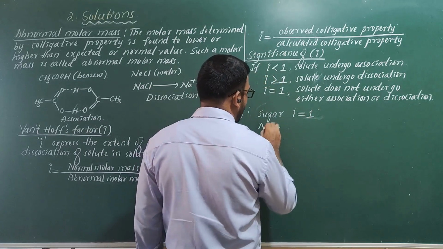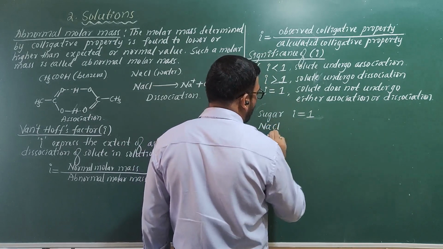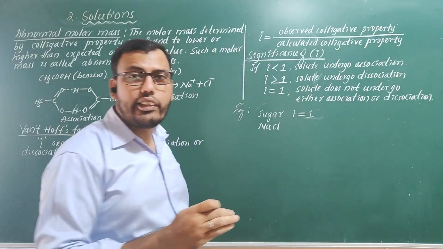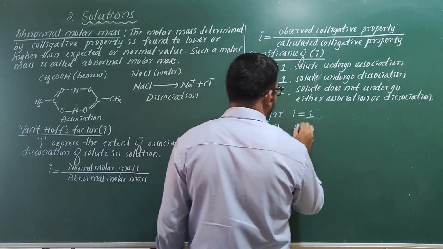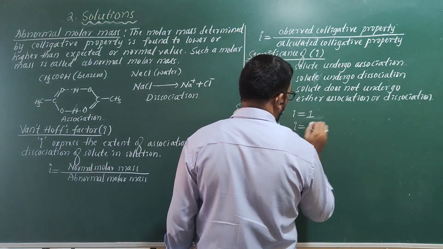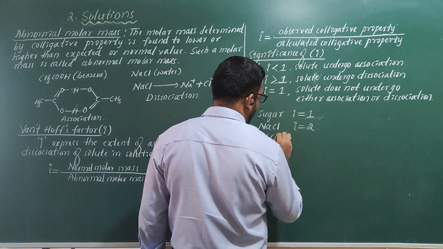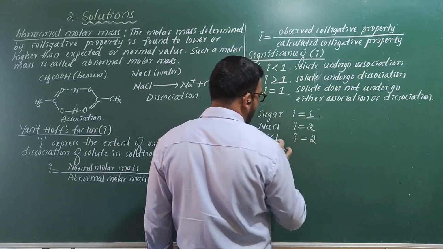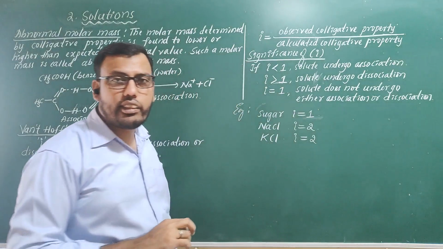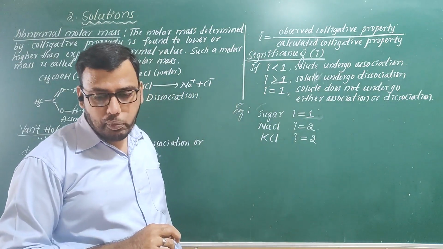If you take NaCl, you know that NaCl dissociates into 2 ions, Na plus and Cl minus. That's why the i value is 2. Similarly, for KCl, the i value is once again 2 because it dissociates as K plus and Cl minus.